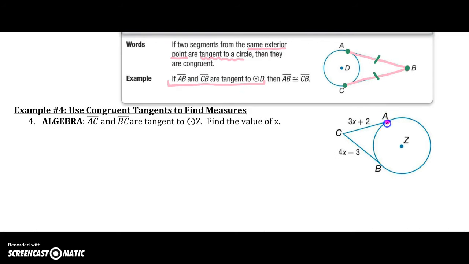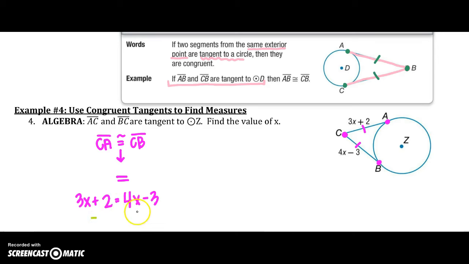AC and BC are tangent. Find the value of x. Because they're both tangent coming from that common point, I know that CA is congruent to CB. And I know anything that is congruent is also equal. So I'm going to say 3x plus 2 equals 4x minus 3.